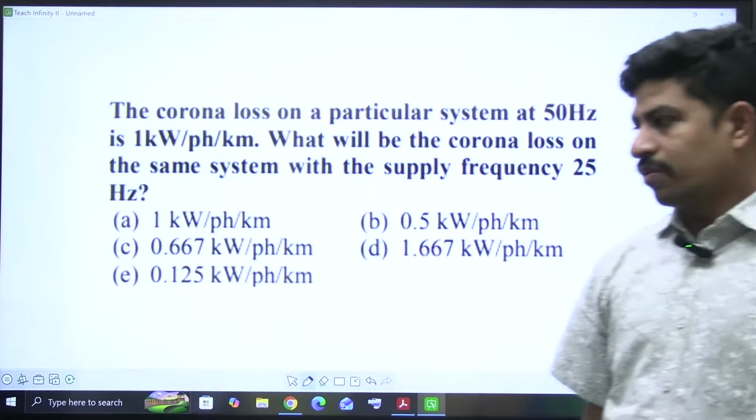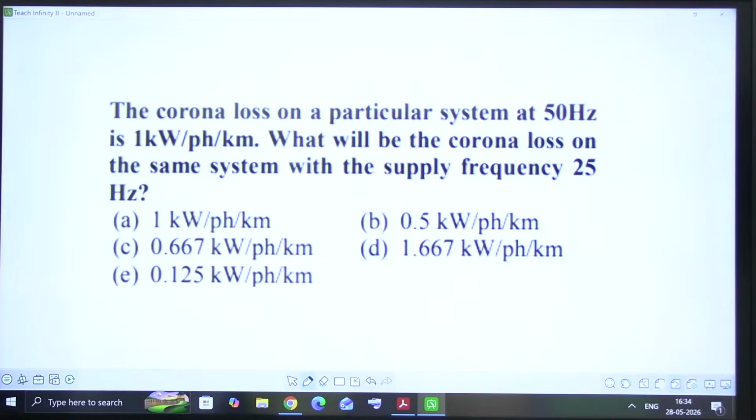Try this question, please, all of you. Related to corona, electrical corona.